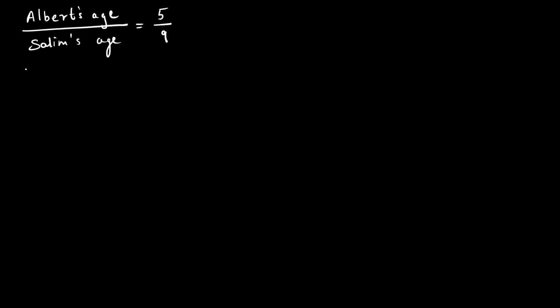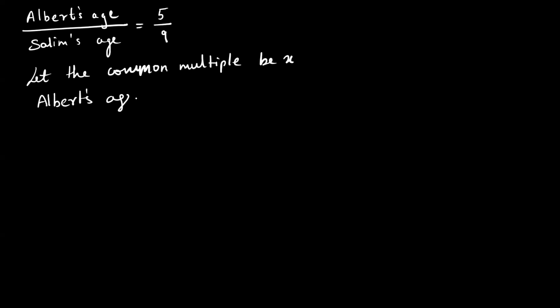Something must have cancelled so that the ratio 5/9 is given to us. Correct. So what statement to write? Let the common multiple of the ratio be x. Okay, sir. तो Albert's age क्या आएगा? 5x. Salim's age क्या आएगा? 9x. Okay.